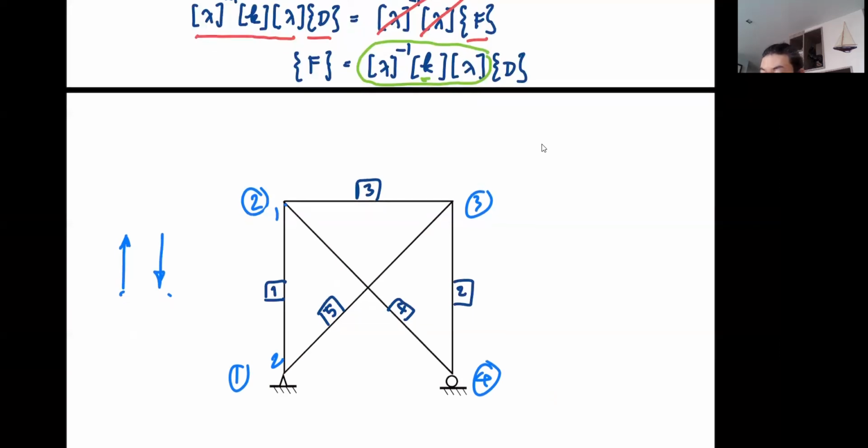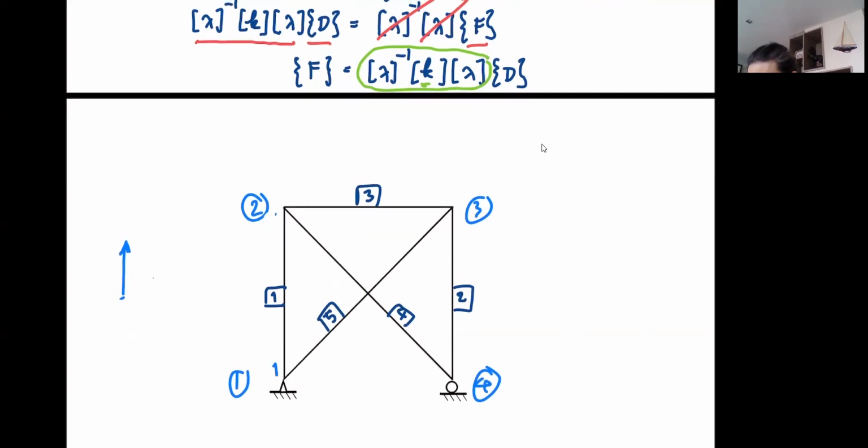This has the positive sign. This has a negative sign value. Cosine is 0, right? So the orientation is important in that regard. And remember, we need the sine and cosine terms in our transformation matrix. So I'm going to use this as 1, 2. So that becomes the orientation of my member number 1.